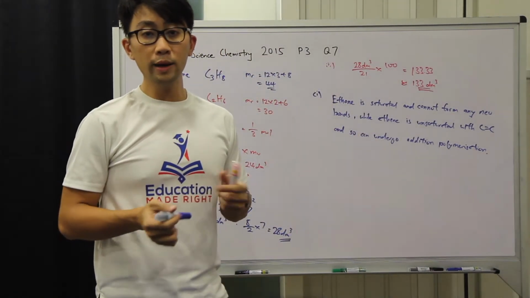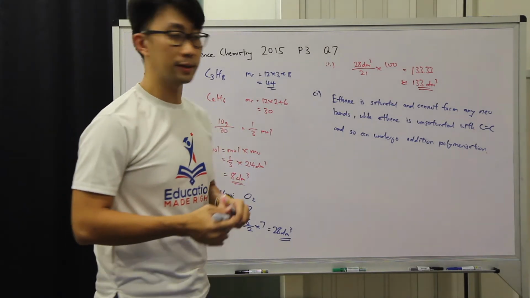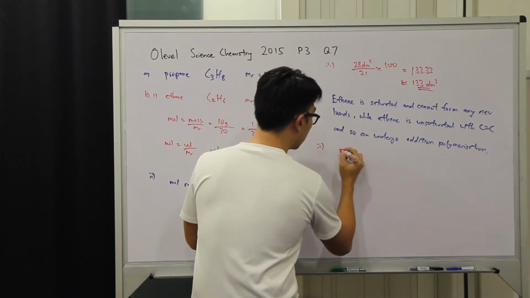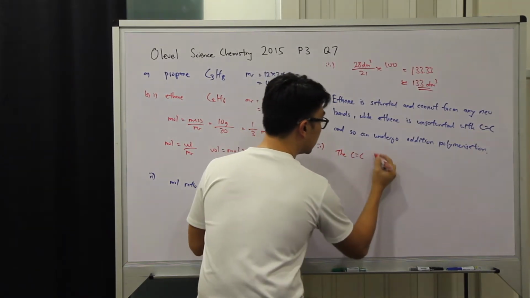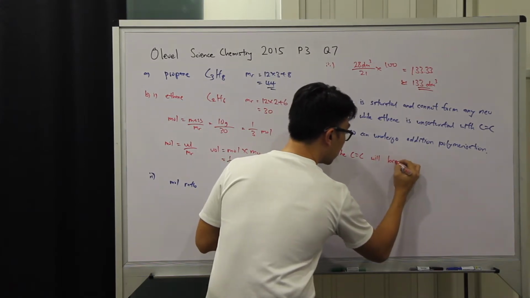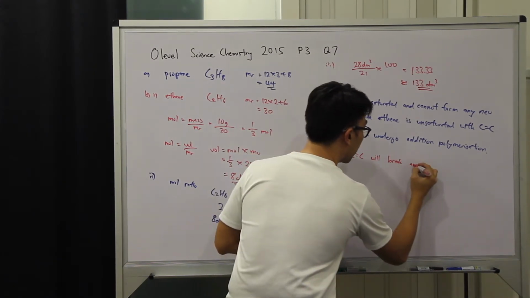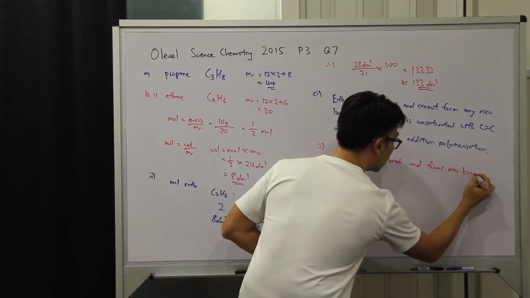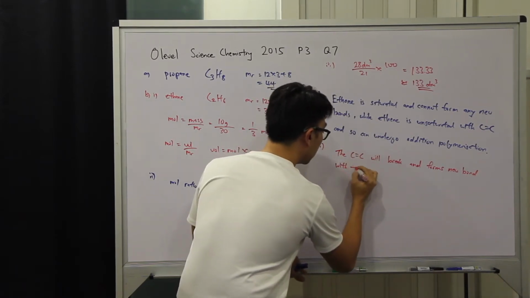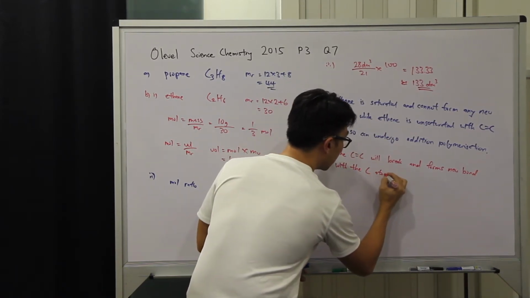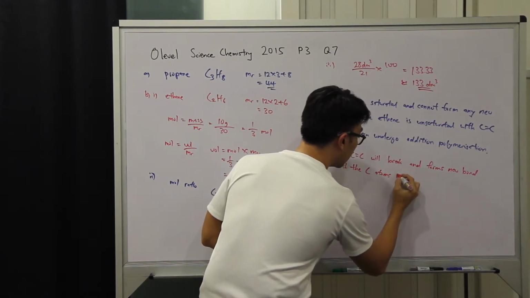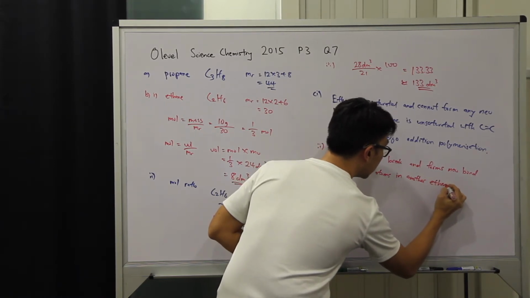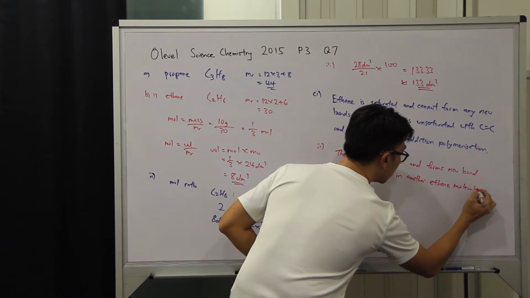Part 2. Describe what happens when ethene molecules undergo polymerization. Okay, so for part 2, the C double bond C will break and form a new bond with the carbon atoms in another ethene molecule.